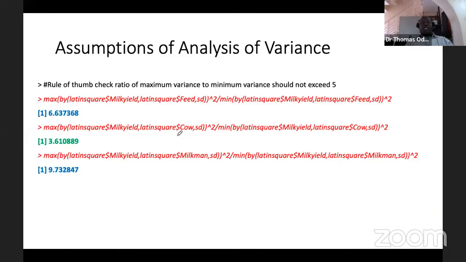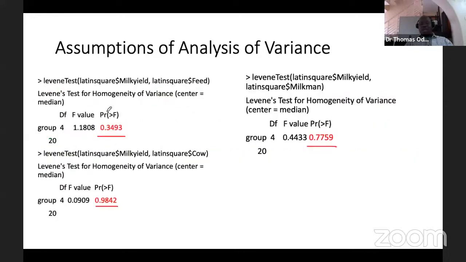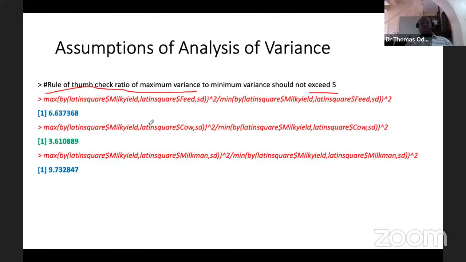So what always happens is that people go and check the ratio of the maximum variance to the minimum variance in a group. If that ratio exceeds 5, then you declare them to be significantly different. So we are not basing our test on this; we are now going to look at just the ratio.